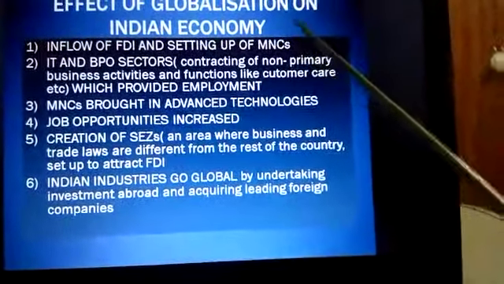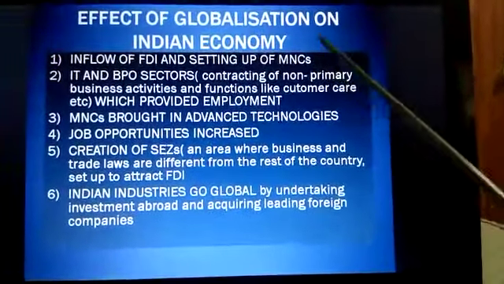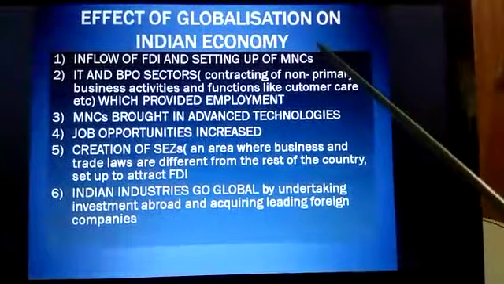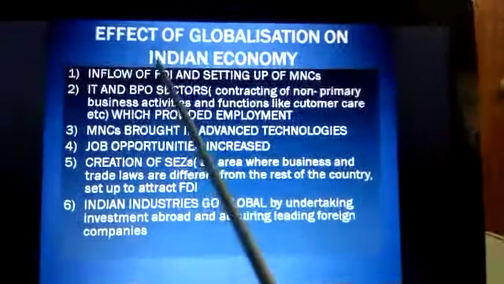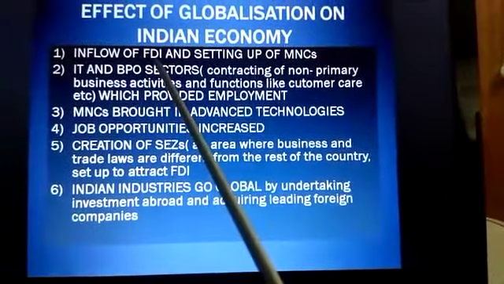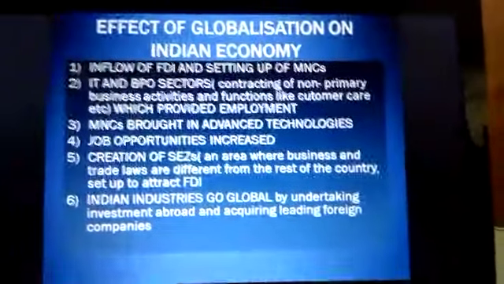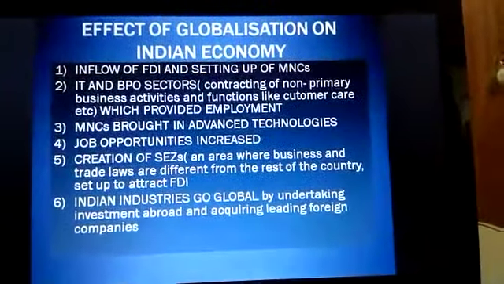Some of the companies were solely owned by the foreign countries. There was no share of India on it. Okay? There was an inflow of capital, investment, and there was setting up of multinational companies belonging to more than one nation.